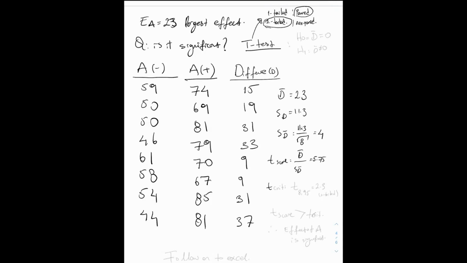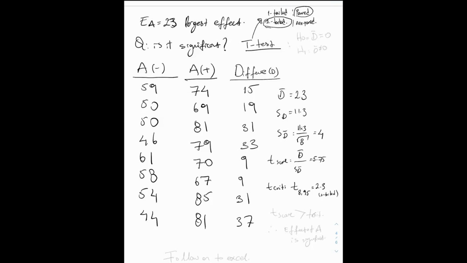My T critical, I'm just going to look from a table for two-tailed paired with degrees of freedom of 8, so that will be T8 95, for two-tailed, and that's going to be 2.3.